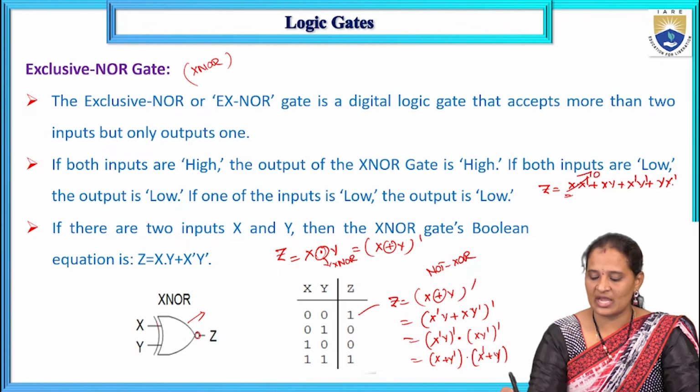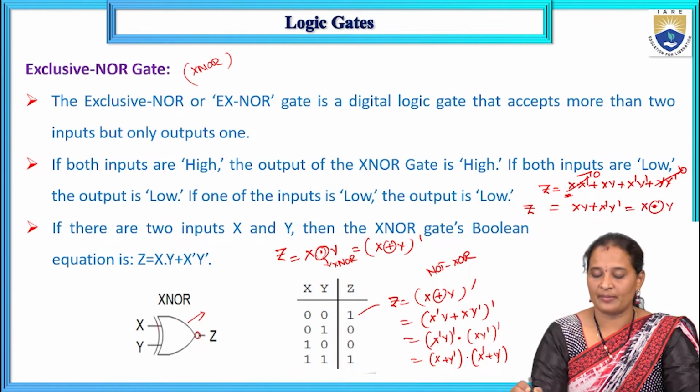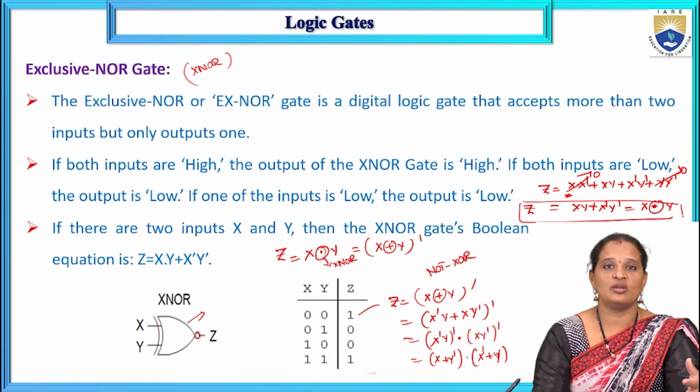As we know, X X complement and Y Y complement become 0. So the final expression for XNOR is XY plus X bar Y bar. This is the XNOR operation, X XNOR Y, and this is the Boolean expression for the XNOR gate.